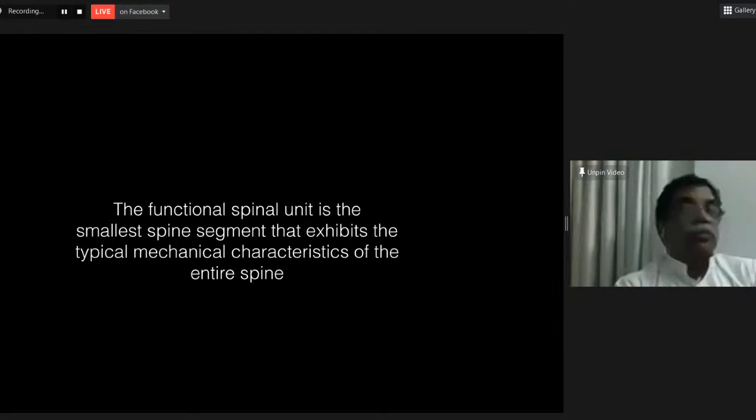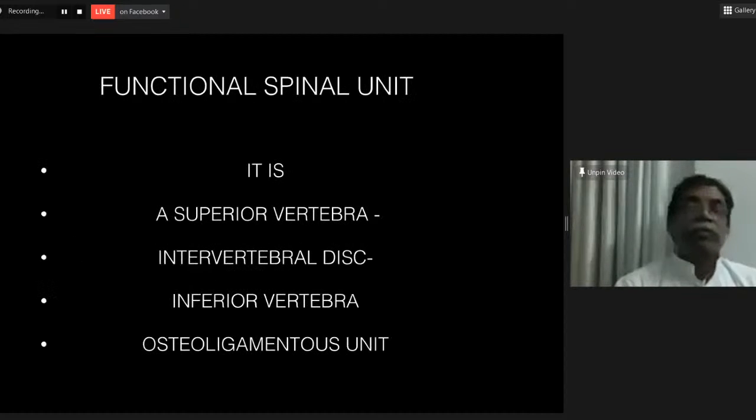When elaborated further, a functional spinal unit consists of a superior vertebra, the intervertebral disc, and an inferior vertebra. The two are bound by osteoligamentous structures. This is an osteoligamentous unit, so it is bound by ligaments, the disc, and the various other structures I talked to you about earlier.